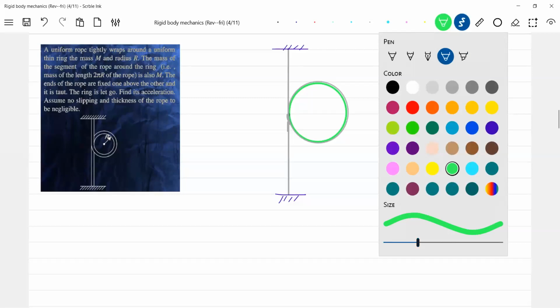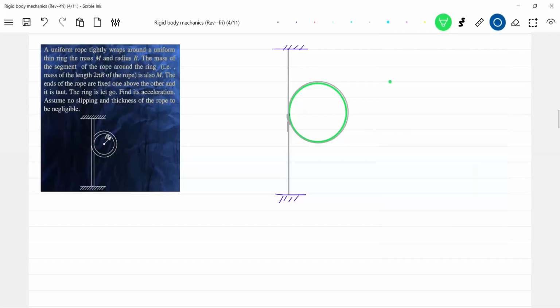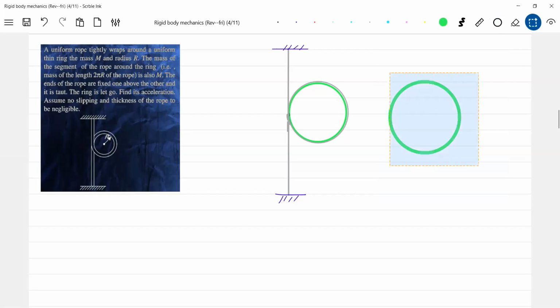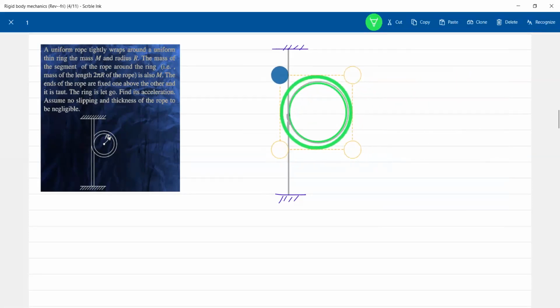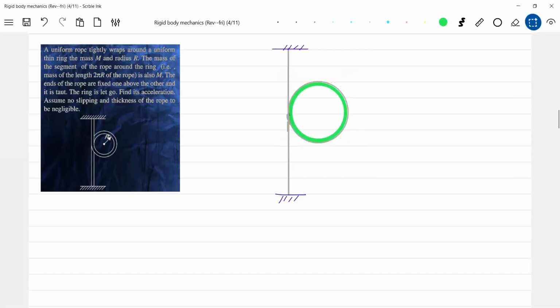Ring a little bit thick, I'll make it. Okay, fine. Say there's a rope. This part is what? Rope. Here also we have rope, and there's a ring. This is actually the thing.